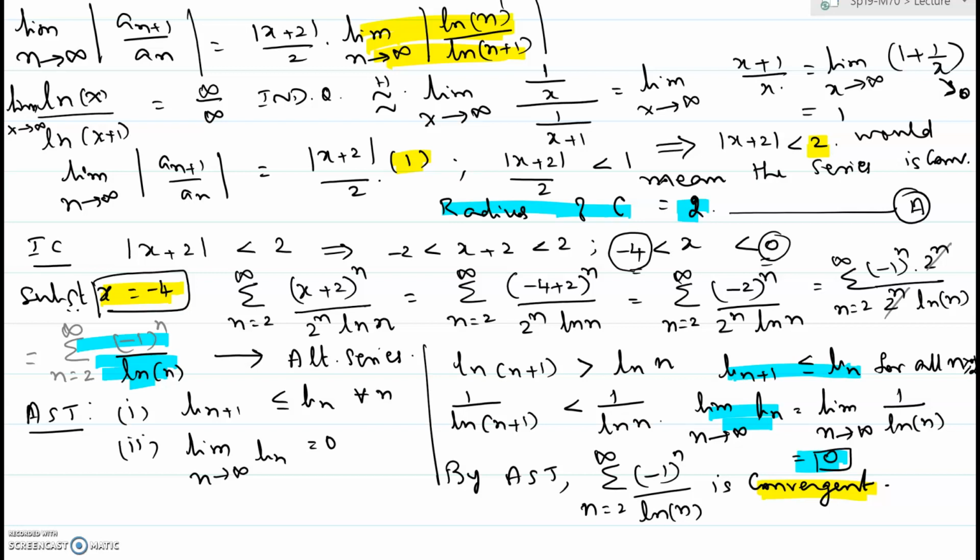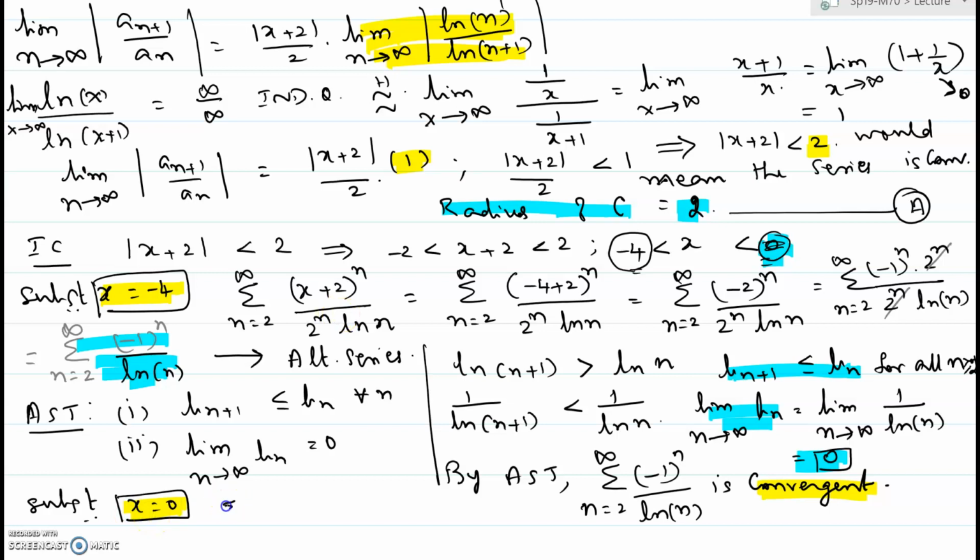So now we have to check what happens at the other endpoint, namely 0. Let's plug in x equal to 0. Substitute x equal to 0 into the series.